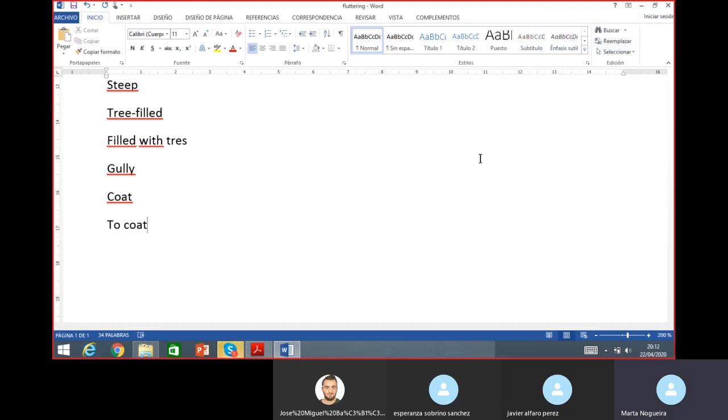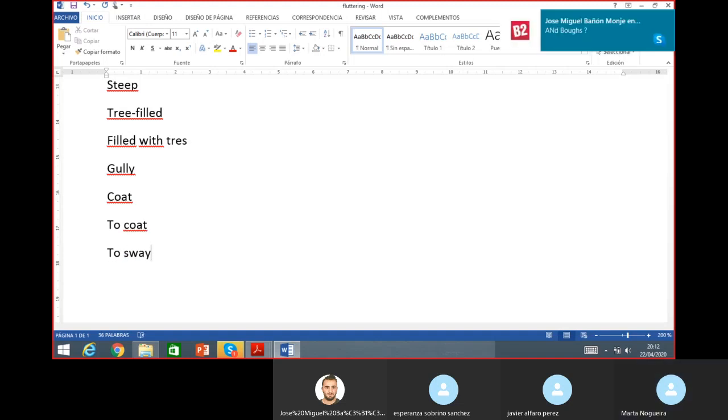Boughs is like branch, okay? Bend under the weight, and sway, sway means mecerse, to sway. Mecerse, oscilar, it also means influir, okay?